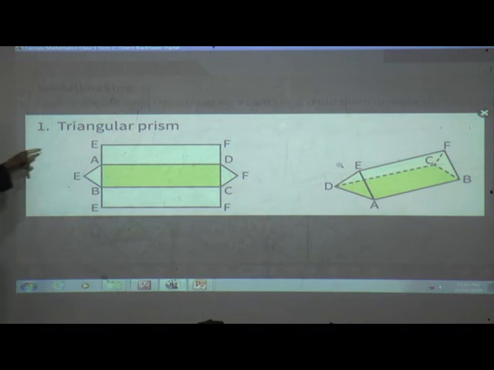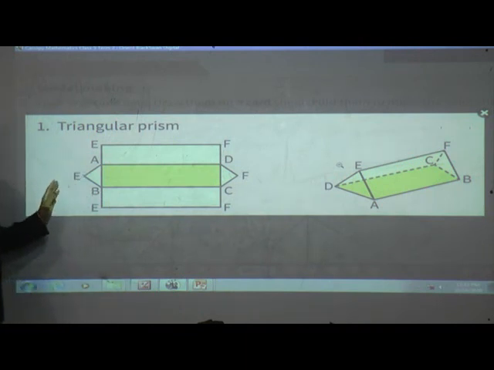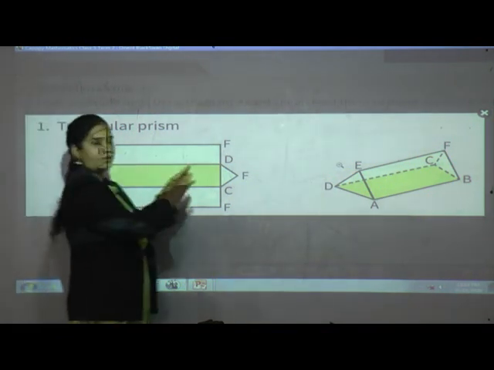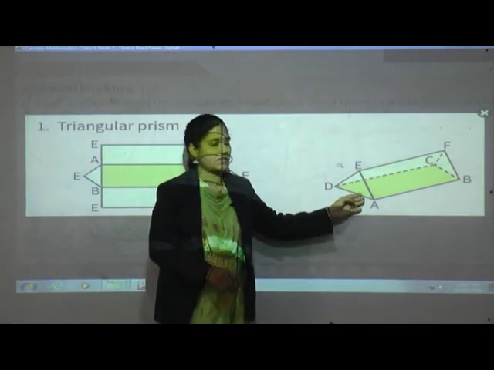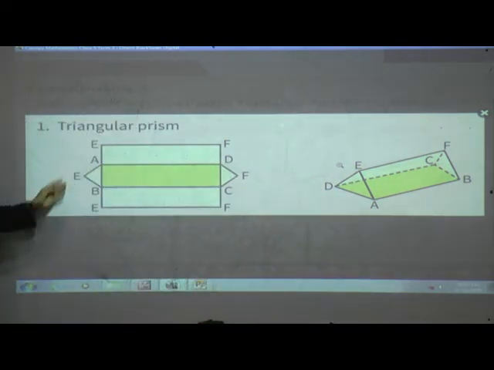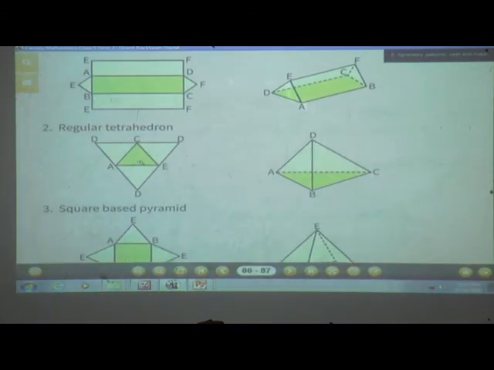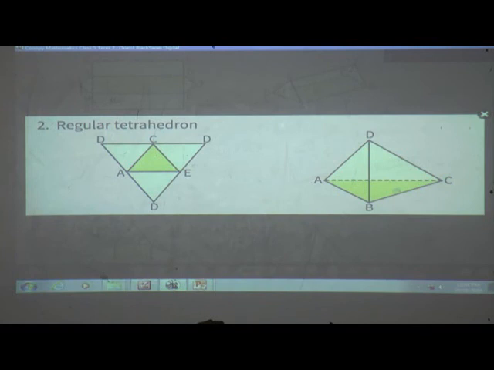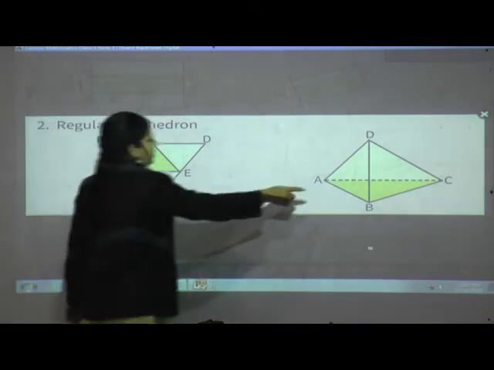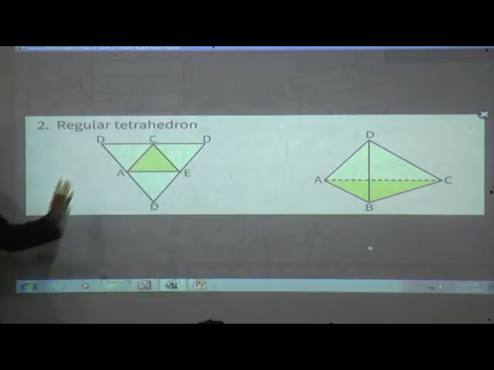See, this is a net of a triangular prism. When we fold it, we will get our triangular prism. This is the figure and this one is its net. Now the next one, rectangular tetrahedron. This one is a figure of a rectangular tetrahedron and this is a net of this figure.